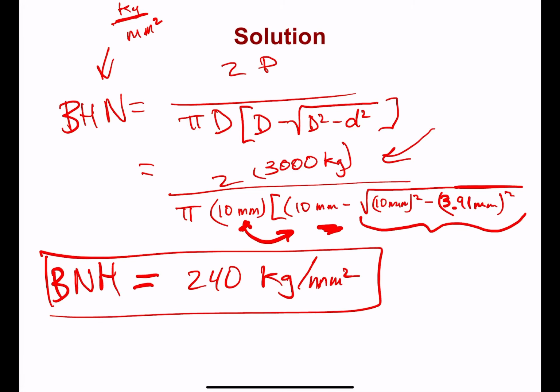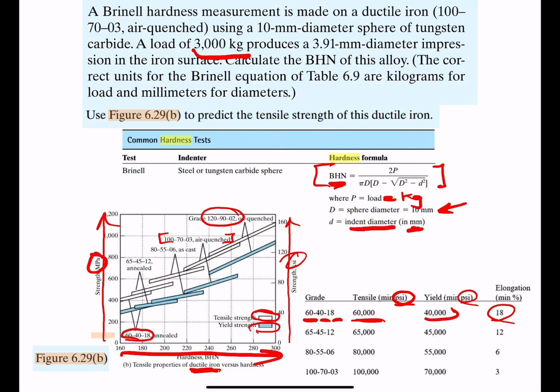Part B asked us to predict the tensile strength of this material. So we would go to our graph now. We just solved that the BHN value is 240, so we're working our way up the graph, looking for an intercept, and we were asked about the tensile strength. So that is the y-axis information.